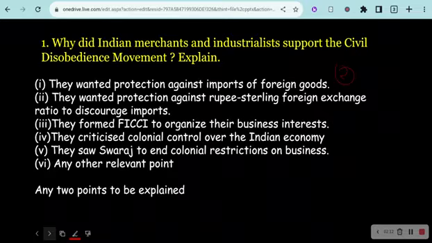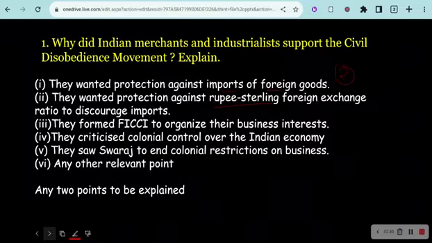Merchants and industrialists firstly wanted protection against the import of foreign goods. Then they wanted protection against the rupee sterling foreign exchange ratio, to discourage imports.